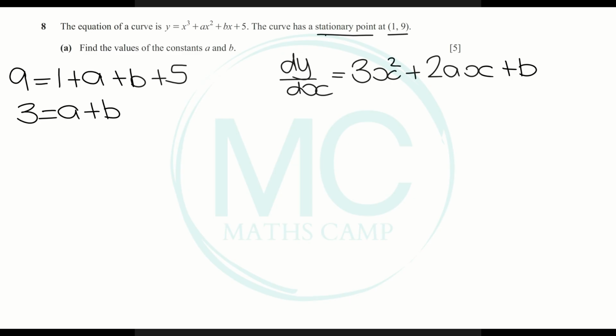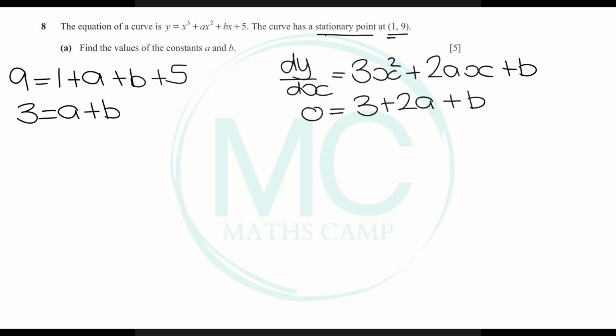This is our stationary point. So when x is 1, this equation is equal to 0. So now we can see that 0 is equal to 3 multiplied by 1 squared, which is 3, plus 2a multiplied by 1, which is still 2a, plus b.